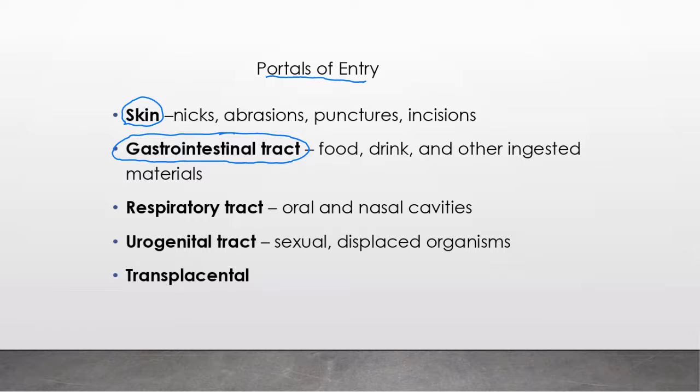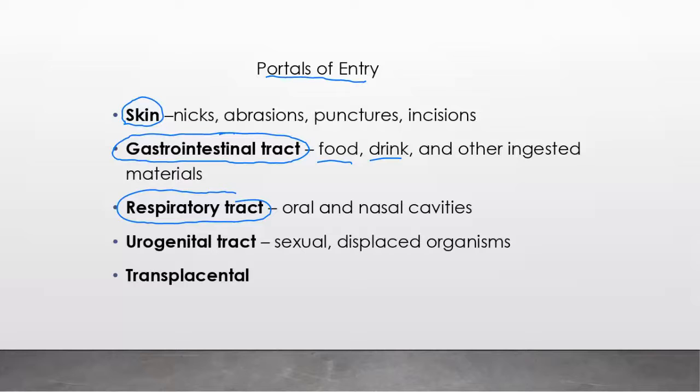Maybe the intestine is inside our body, but it is actually also facing the environment, which is the food and the drink that enter into the GI tract. This food and drink come from outside, and they also carry some microorganisms into our GI tract.